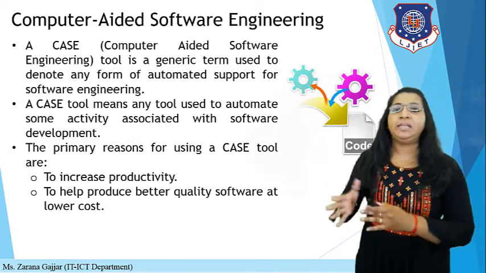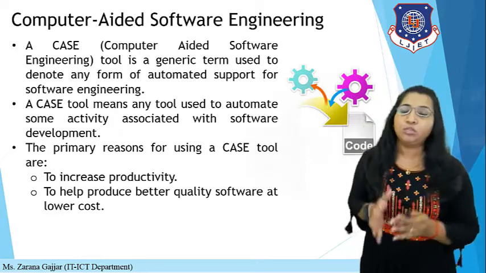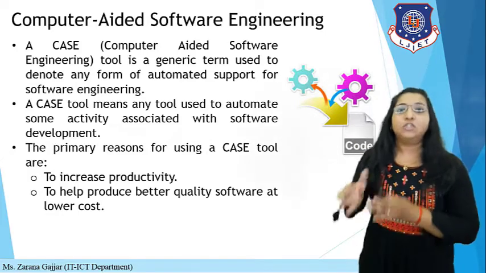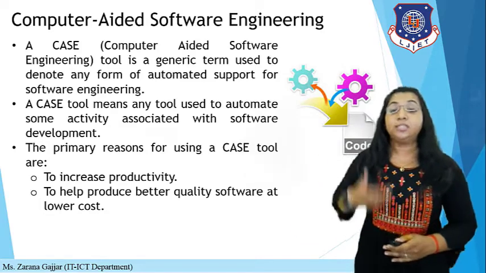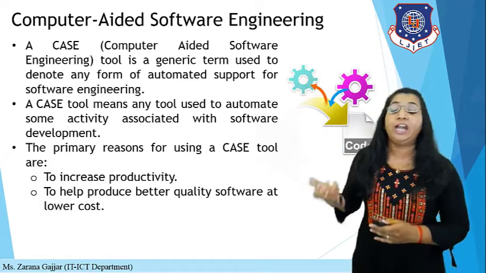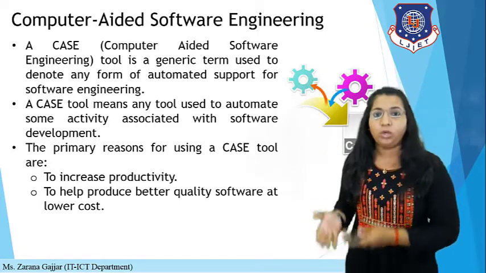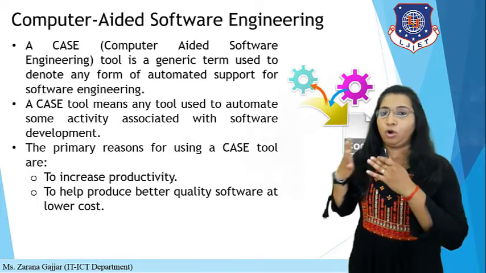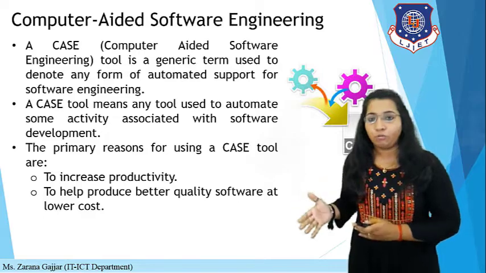So a CASE tool means any tool used to automate some activity associated with software development. The primary reasons for using such a CASE tool are that it increases productivity and it also helps to produce better quality software at a lower cost. It is a kind of automated tool that will help in the production of your software product. So this is about computer aided software engineering.